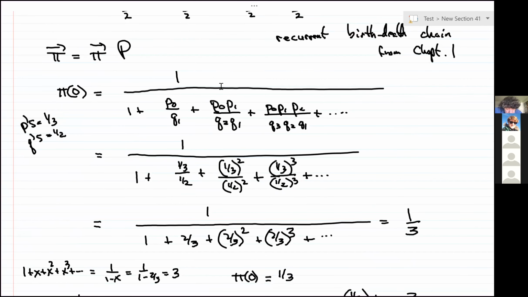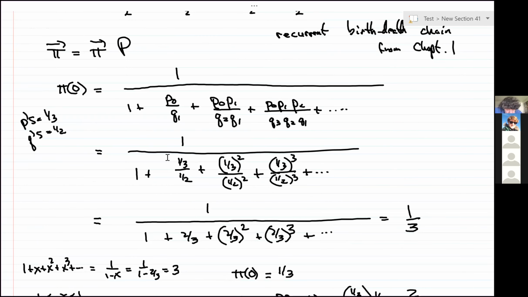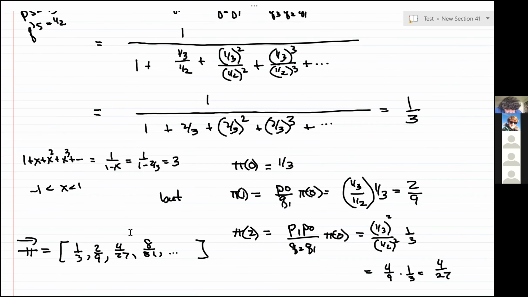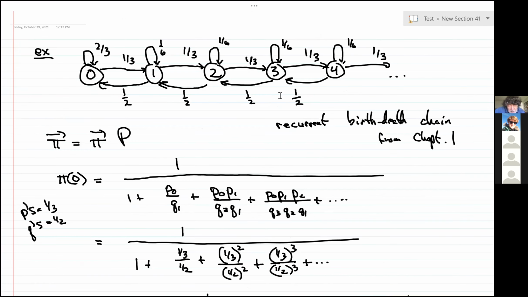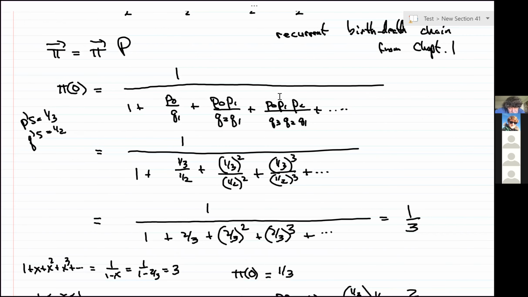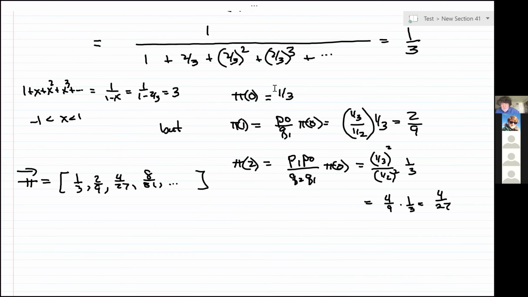The chance that it would be at state 2 after a long period of time would be 4/27, and so on. So these are the probabilities of being in these states after much time has passed. Any questions on the example?